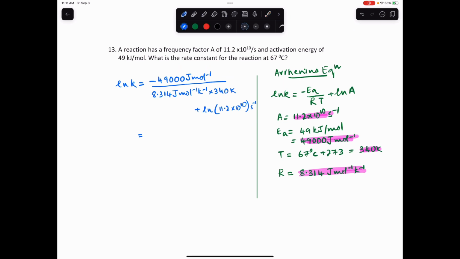If you plug the first part into your calculator, you get negative 17.33 something. I'm not going to write out the units right now.